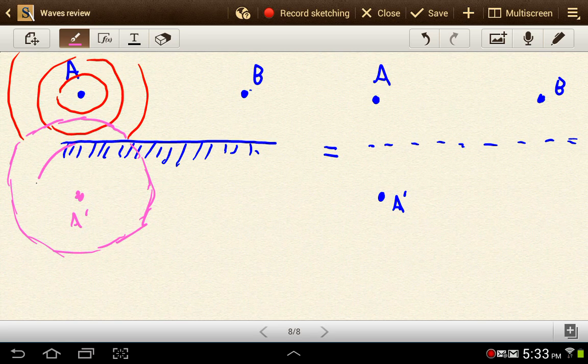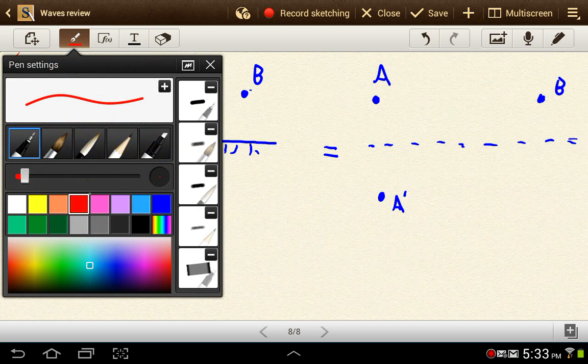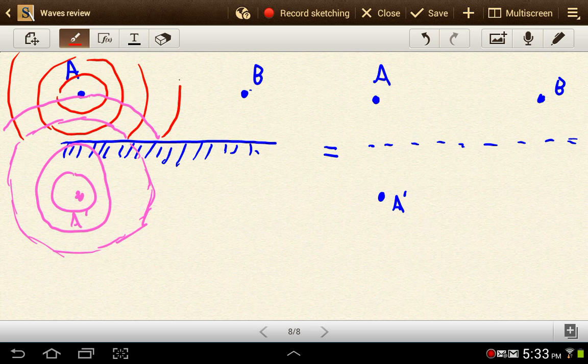And so you can see how the reflections from A work. Here's another even bigger one further along, and that's really a reflection from this wave, but it looks as though it's a wave from A prime.